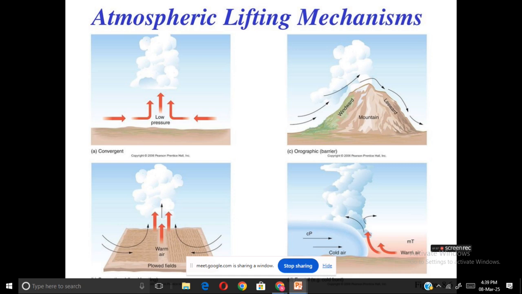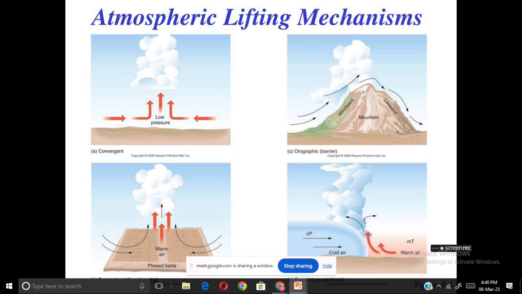Convergence systems at the surface lead to lifting of the air parcels. A cyclone is basically a low pressure system where we can see a large amount of air coming together, eventually lifting and forming clouds. That is one example, which is convergence. This is one form of lifting mechanism.